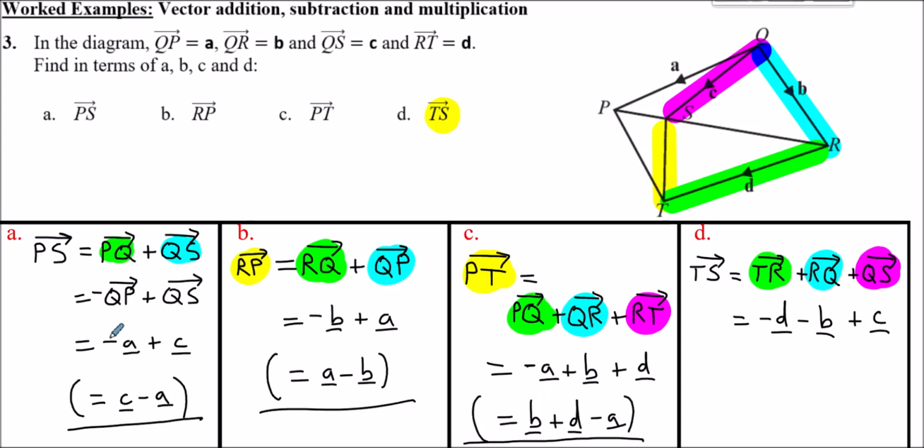But again, like I've shown you for A, B and C, this is probably best written as a positive vector first, C, then minus the vectors which are negatives. So then minus B, minus D.